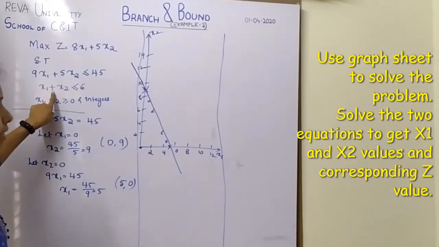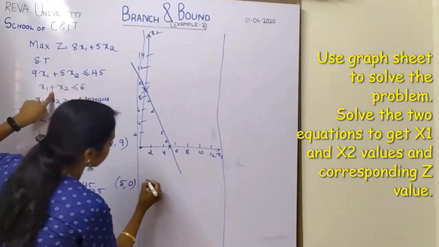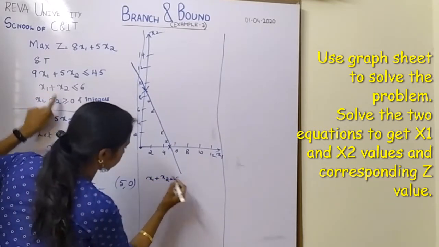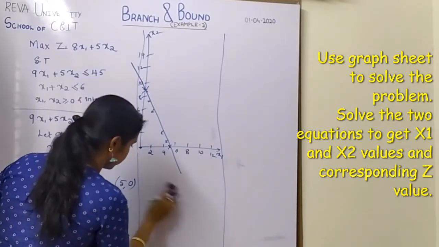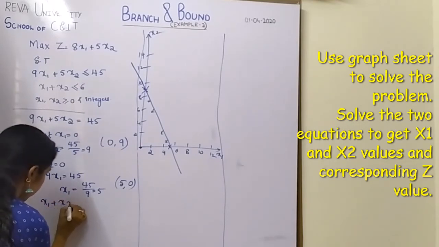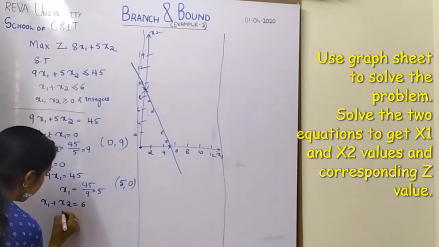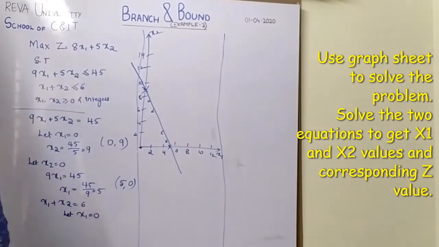Now we'll solve the second equation. x1 plus x2 equal to 6. As we used to do, let x1 equal to 0.